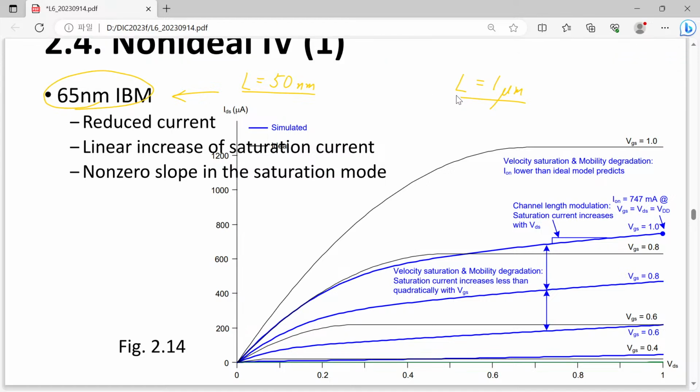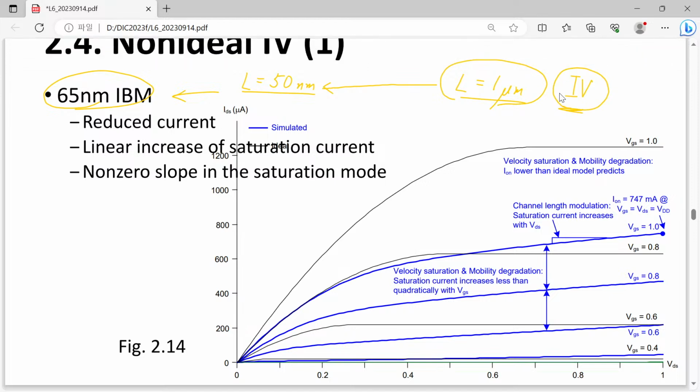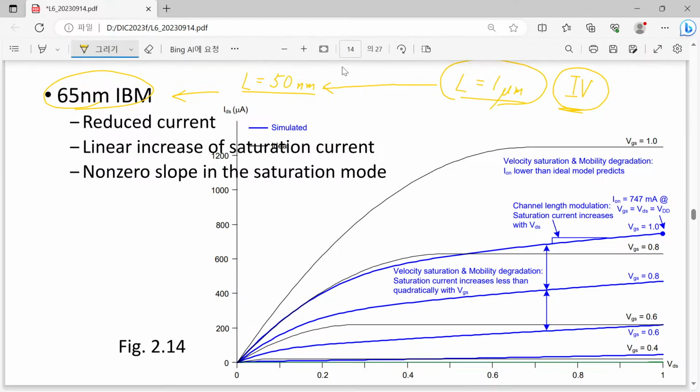Then in the case of this long channel device, you will find that your long channel IV characteristics predict the measured data quite well. However, unfortunately, when you go to the limit of your channel length, the shortest one cannot be well described by ideal IV characteristics for long channel device. That was the problem.